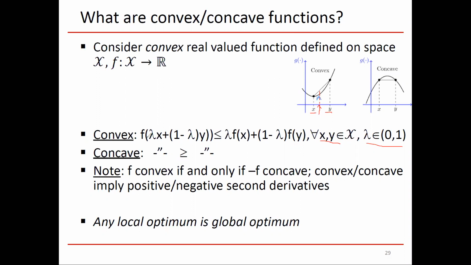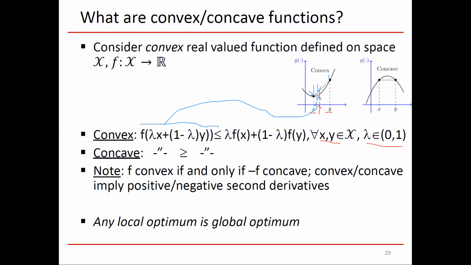And this f of lambda x plus 1 minus lambda y will always be the lower point. And above it, we're going to have f of x, and this is f of y.